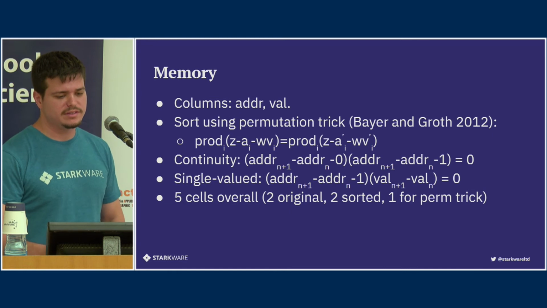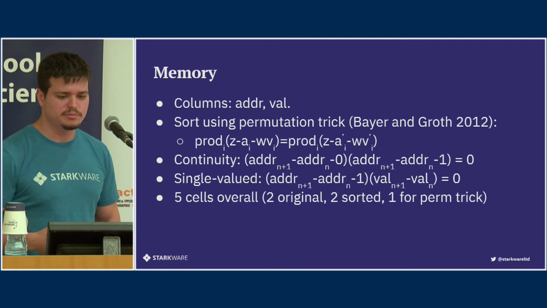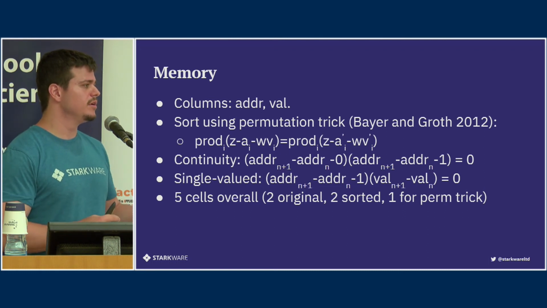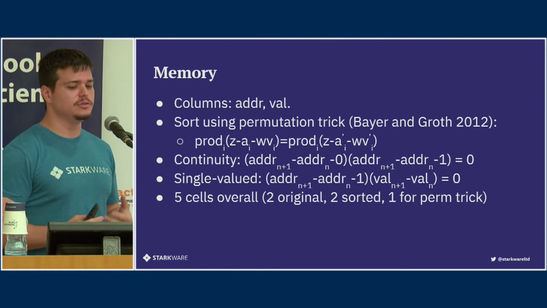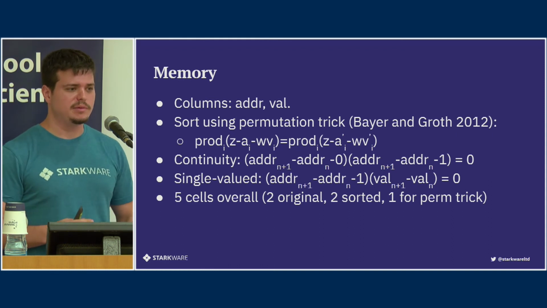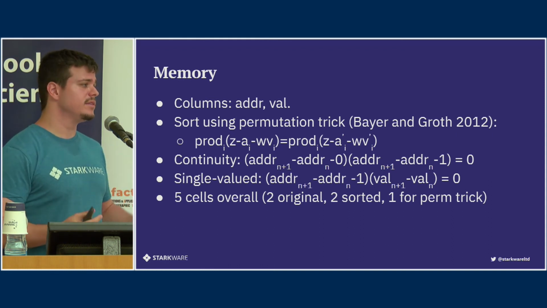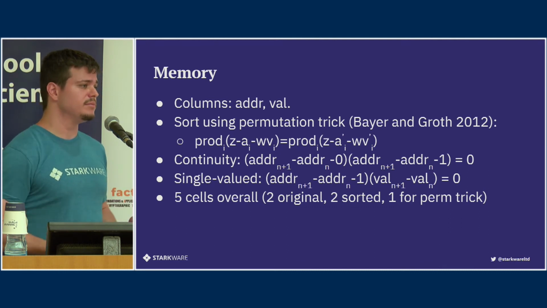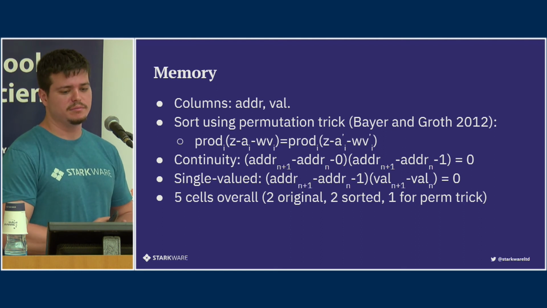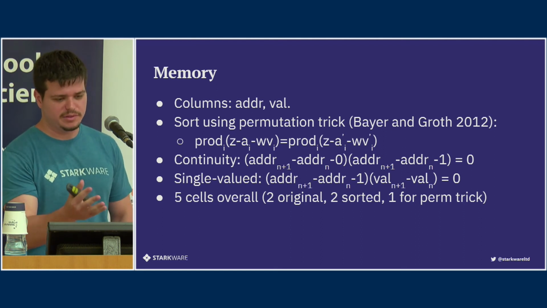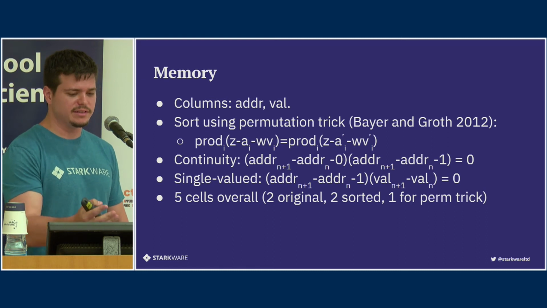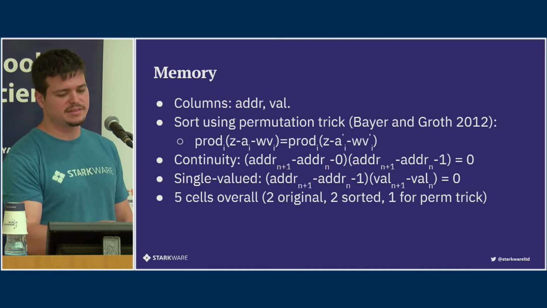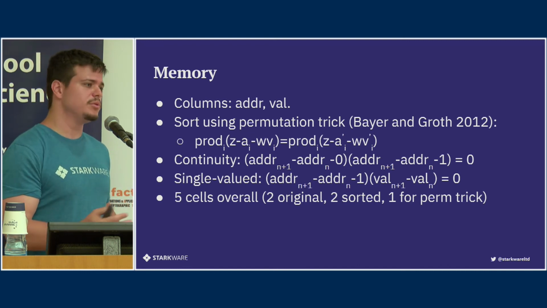So what we use is a permutation trick, which is due to Bayer and Groth. Basically, we can introduce 2 new columns, address prime and value prime, and then prove that the multiset of address-value pairs is the same in both. What we do is randomize 2 values z and w and prove that the product of all these terms, z minus (a plus w v), is the same in both.